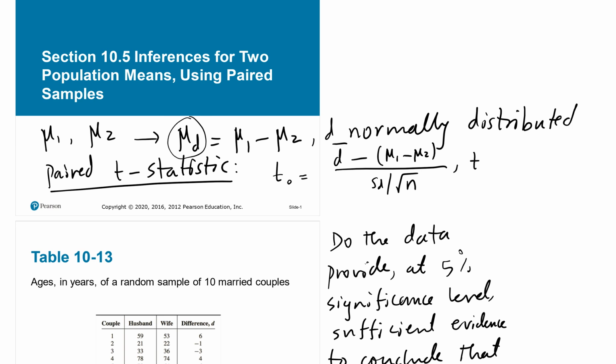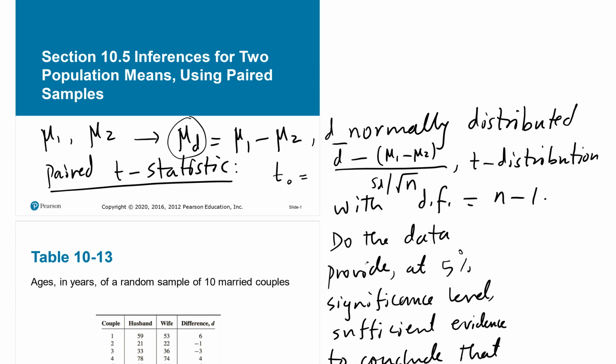This has a t distribution, which means table 4 should be used, with degrees of freedom equal to n minus 1. So this is the one we need.